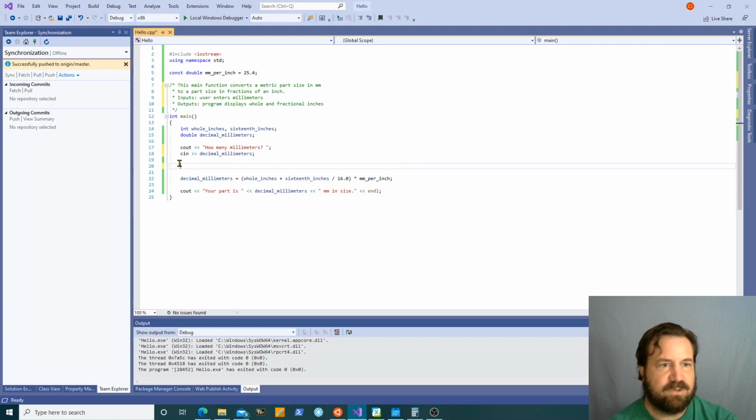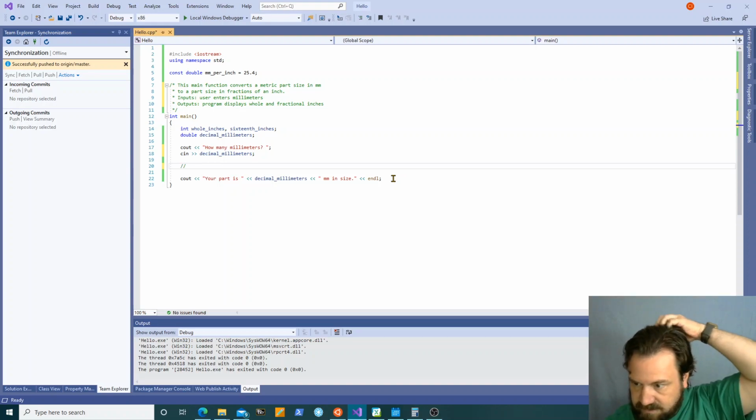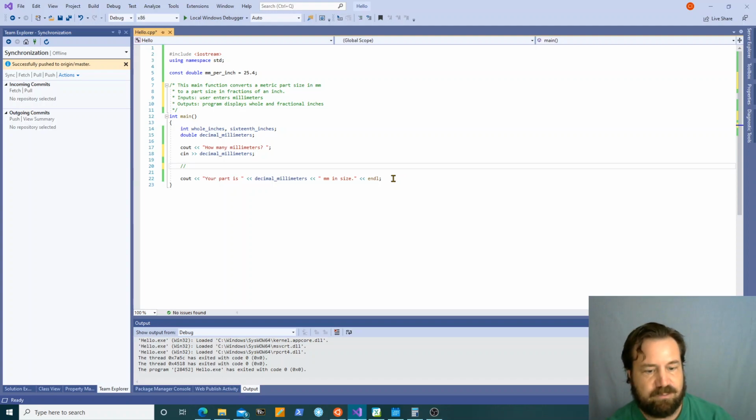Now what I can do is I can actually use these comments to help plan my code before I write the code. So this is something I sometimes do, and it improves the readability of my code later if I leave the sort of pseudo-code comments in behind. So step 1 is find number of whole inches.